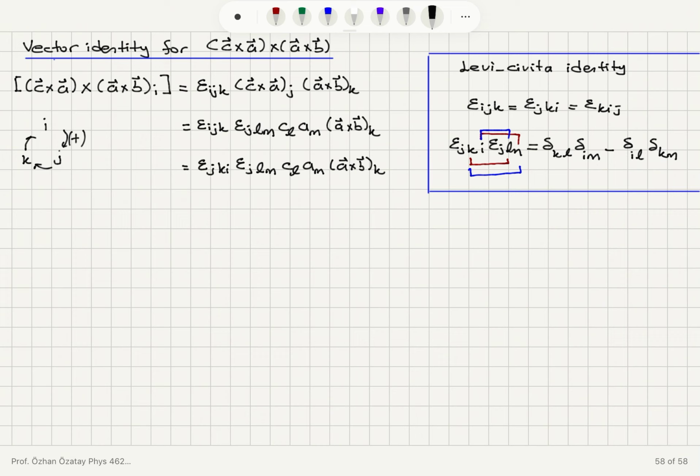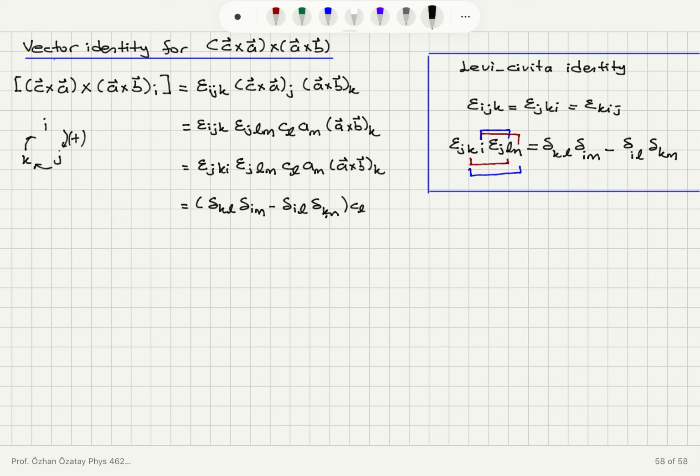Okay, so for epsilon jki, epsilon jlm, I'm going to write delta KL, delta IM, minus delta IL, delta KM: firsts, seconds, inners, and outers.